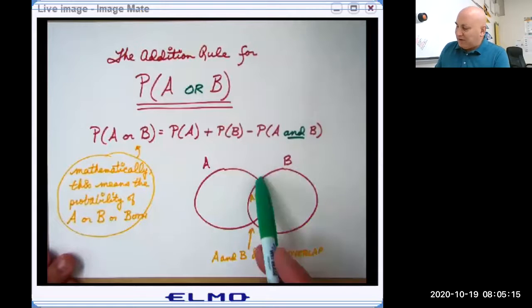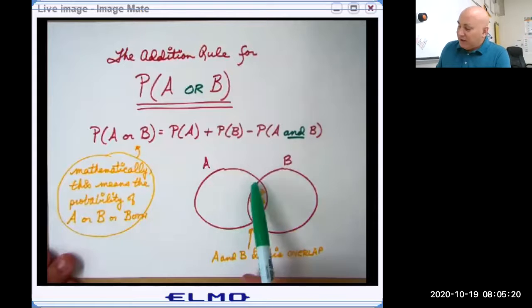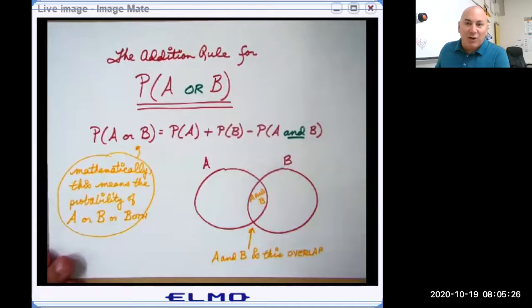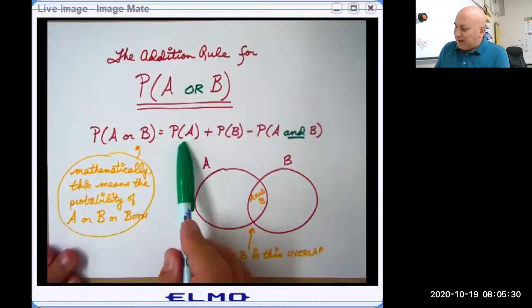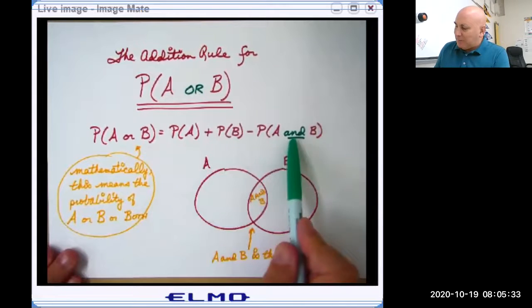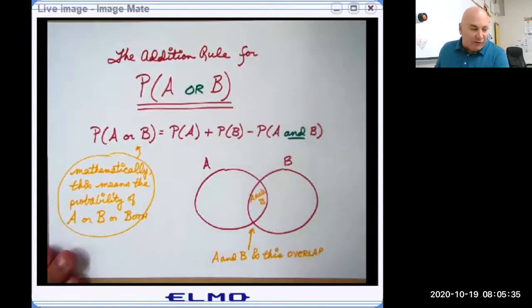So it could be in A, could be in B, or both. In this figure, A or B would be anywhere inside this figure 8 shape. So it's the probability of A plus the probability of B minus the probability of the overlap.